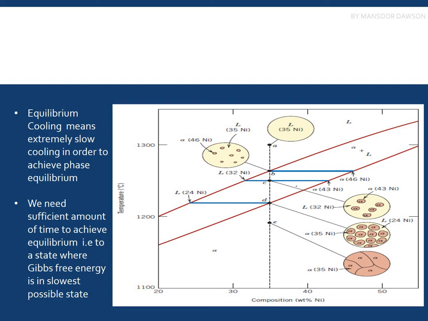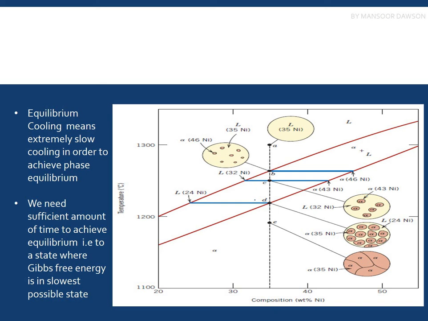This is another diagram which shows the same thing. At point A there is only liquid, and at point B some solid nuclei are being made on the liquidus line. After that, this is the metastable state at C. You can see that the alpha particles start growing, and at point D the dark green grains are being grown.